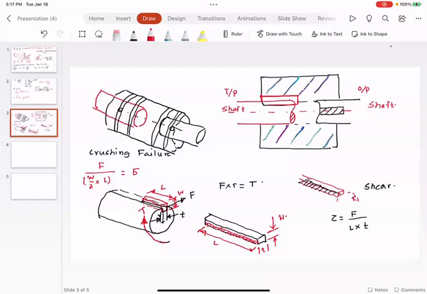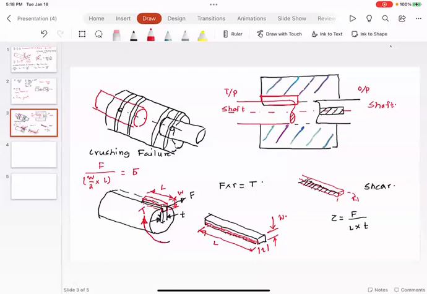As soon as you cut the key in the shaft, so key cutting is done through some sort of milling operation or some sort of broaching operation. You have the shaft and the milling tool, and you cut the keyway. As soon as you cut the keyway, please understand the shaft is weakened.